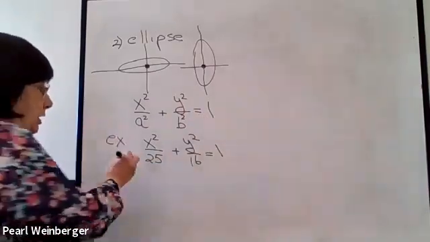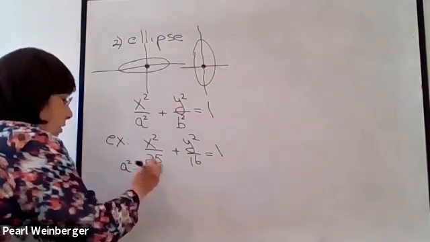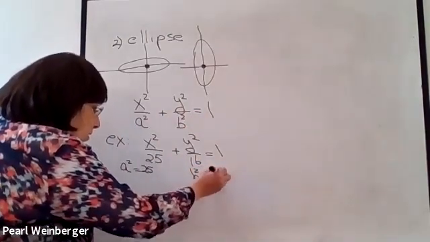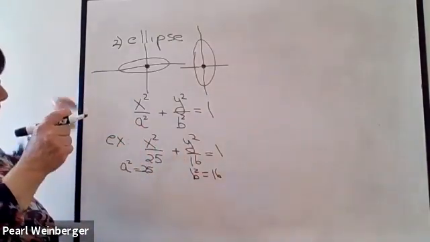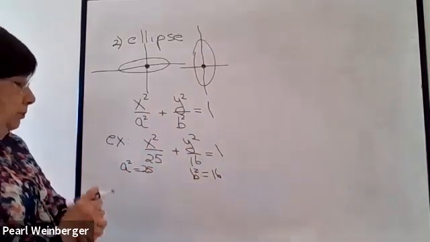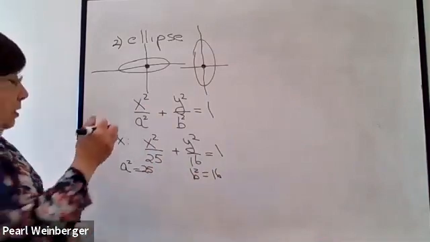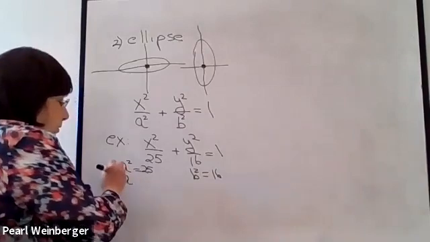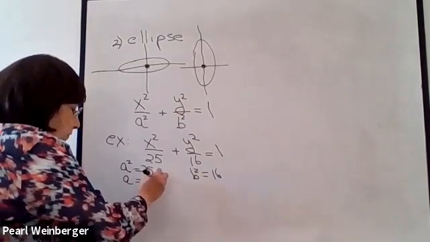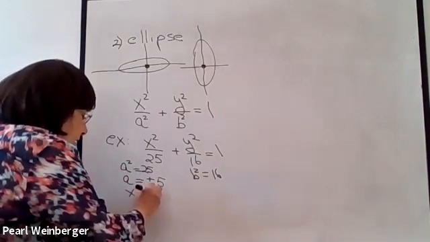If you notice, the a squared in this case obviously is 25. And the b squared, the number that's under the y squared, is 16. So the number underneath the x squared is what we call the a squared. The number that's under the y squared is called the b squared. What do these numbers tell you? Well, obviously, if a squared equals 25, the a is either positive or negative 5. The a is the x-intercept.